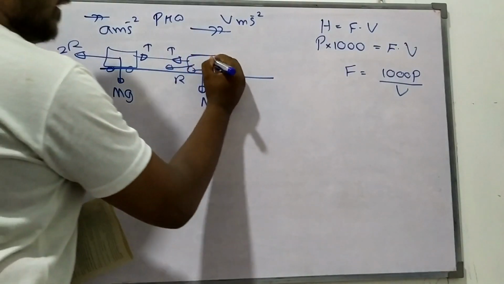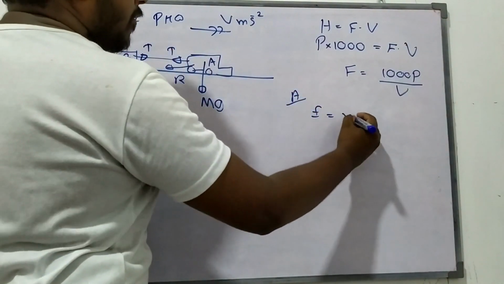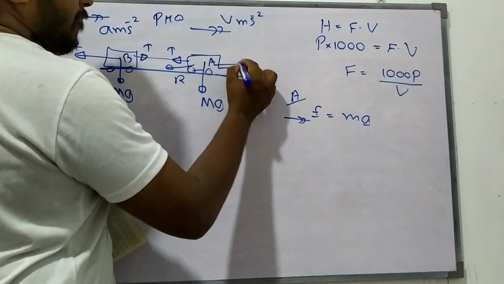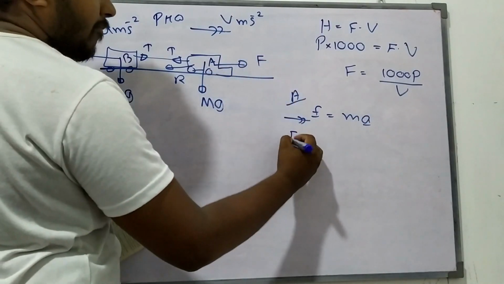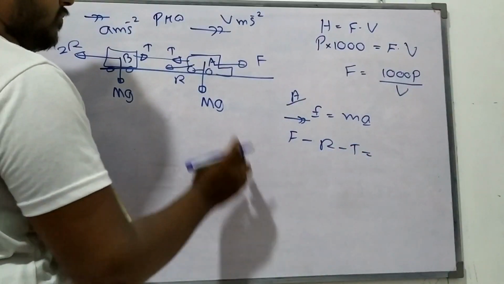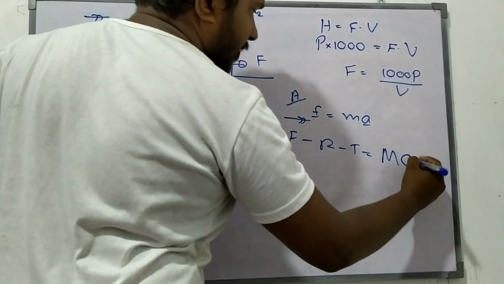Now for the vehicle A and the trailer B. For A, F minus R minus T equals M into acceleration A, equation number 1.